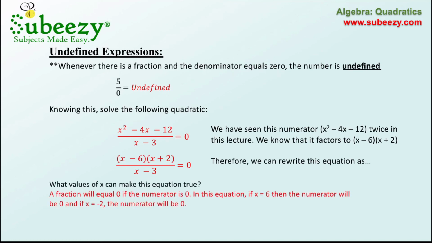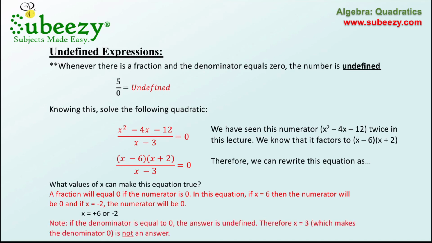A fraction will equal 0 if the numerator is 0. In this equation, if x is equal to 6, then the numerator will be 0. And if x is equal to negative 2, the numerator will be 0. X could be equal to positive 6 or negative 2 to make this equation true.